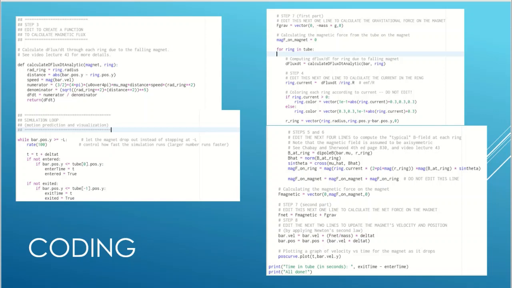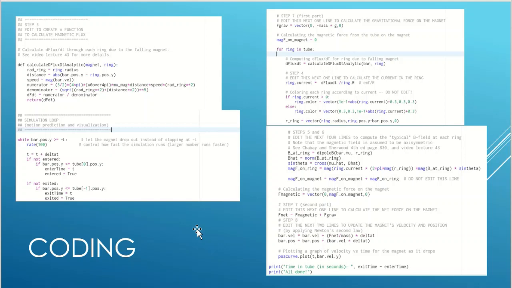And then d flux is calculated for one of the rings due to the falling magnet, and then it's eventually calculated for all of the rings in this for loop. The rest of the function goes on to calculate the magnetic field at the ring, and then finally the actual current for each ring.